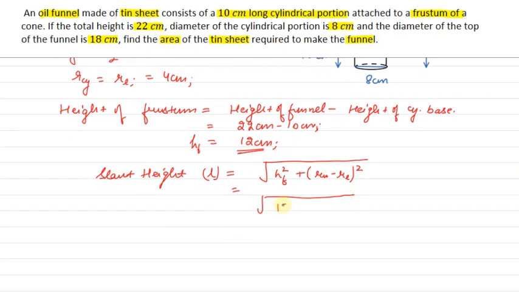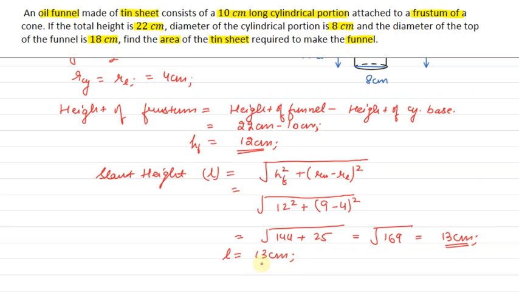We have 12 square plus R upper is 9 and R lower is equal to R cylinder, which is 4. So 12 square is 144 and 9 minus 4 is 5 and 5 square is 25. This becomes under root 169, or we can say 13 centimeter. So we have calculated the slant height L as 13 centimeter. Here we have only taken the positive value for under root 169, right?